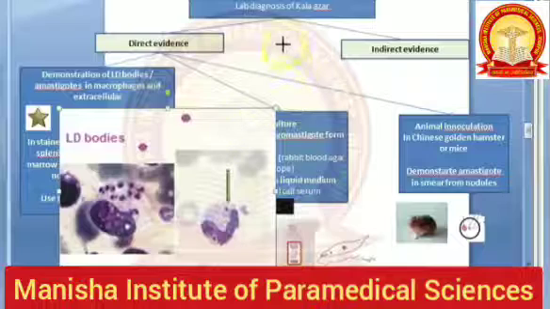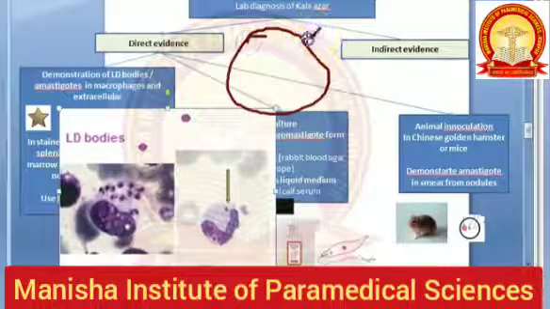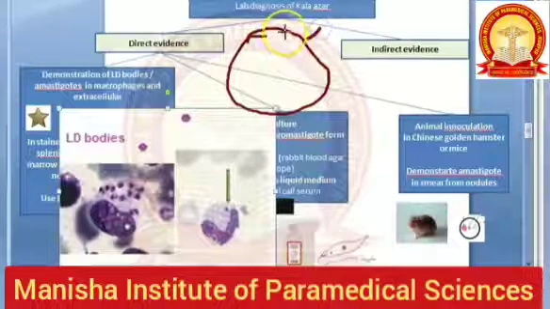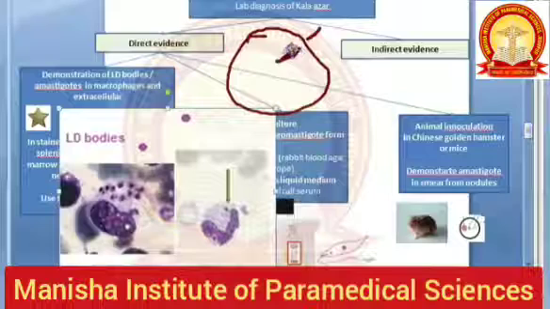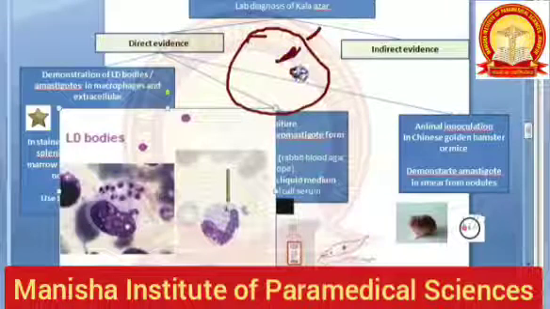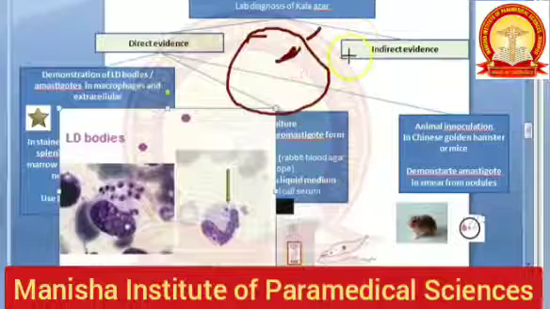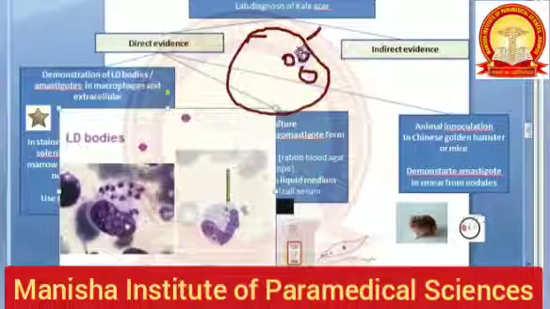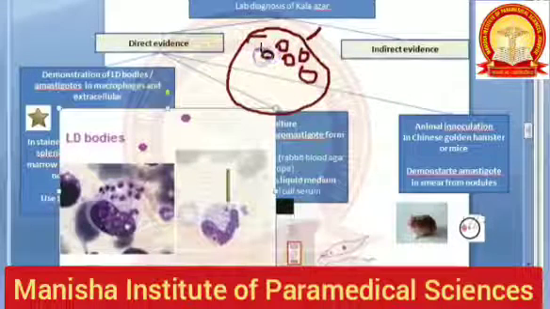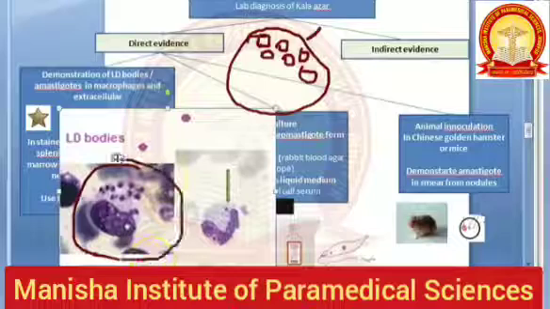When the promastigote comes, the macrophage will engulf it. Inside the macrophage, it will become an amastigote, and this amastigote goes on multiplying inside the macrophage. So a lot of amastigotes can be demonstrated, which is exactly what you're seeing here.